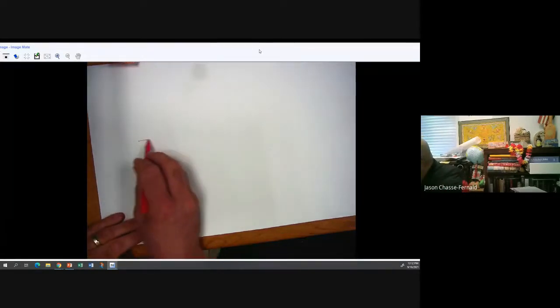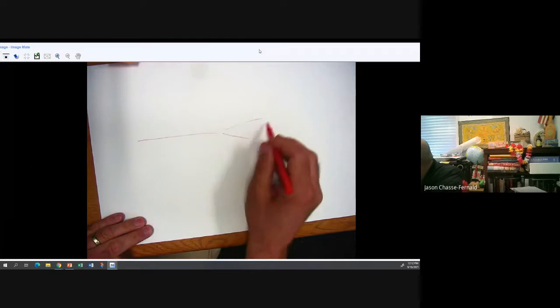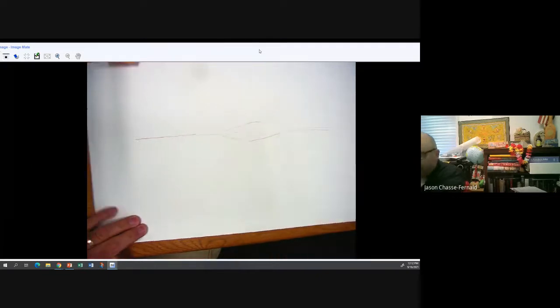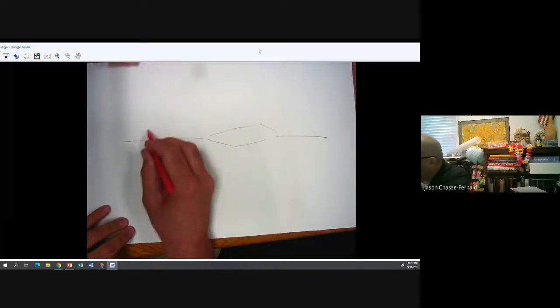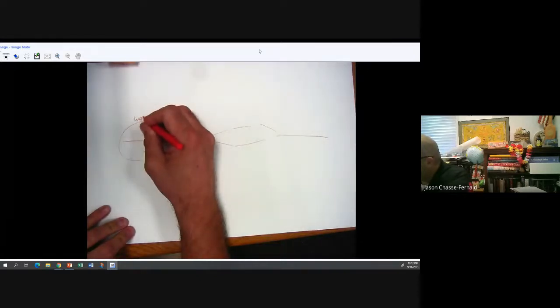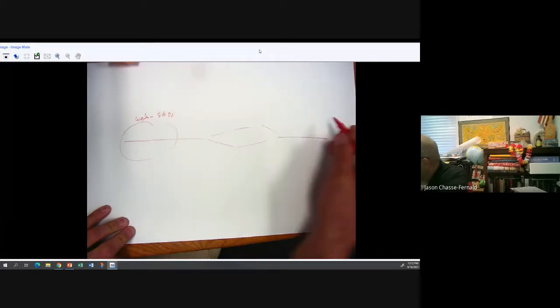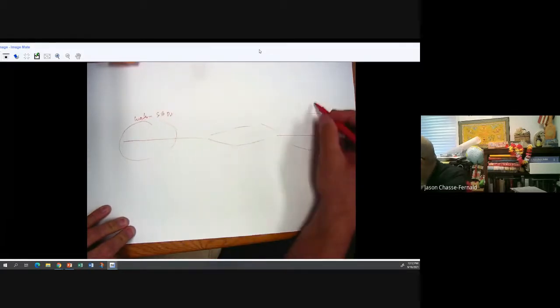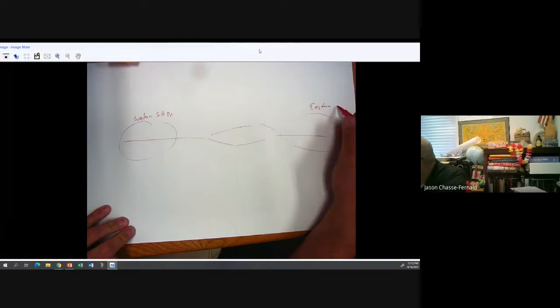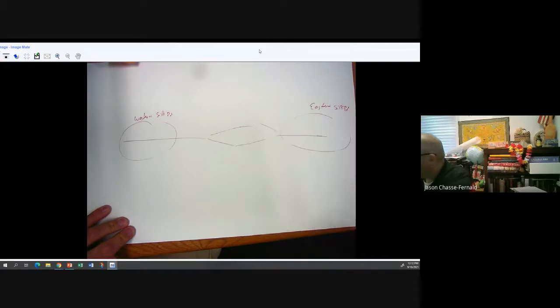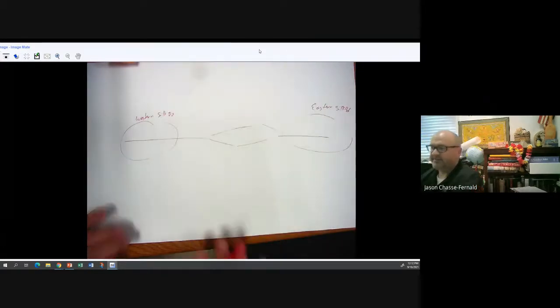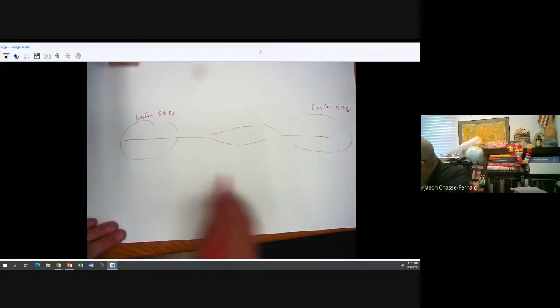Let's just draw this as a line. We have our western Silk Road and our eastern Silk Road, and then we have this Central Asian steppe.